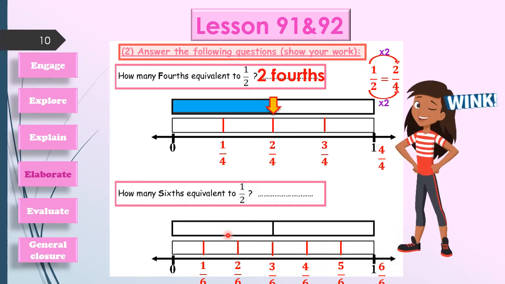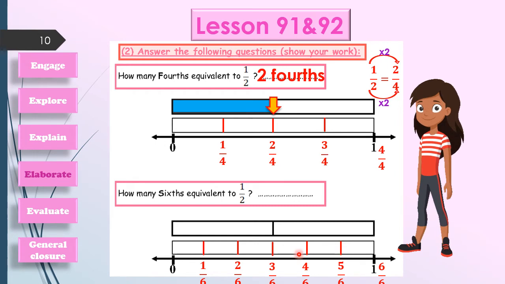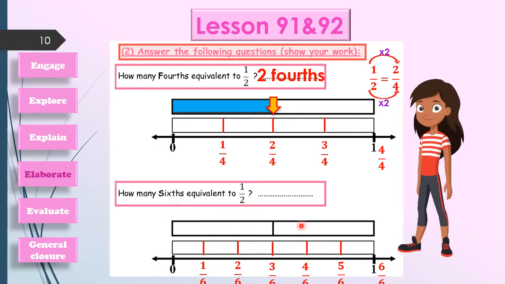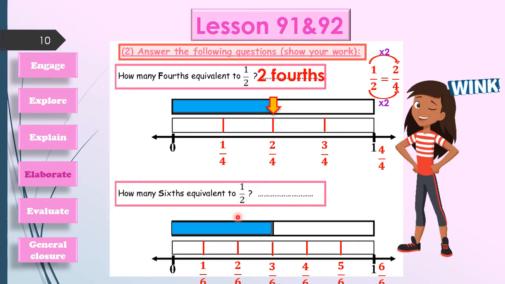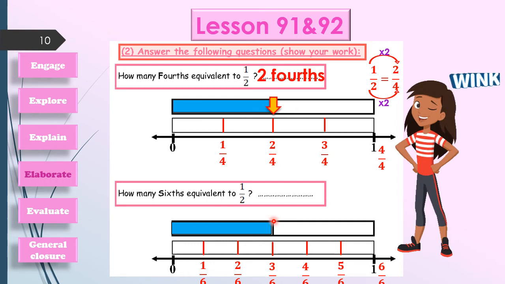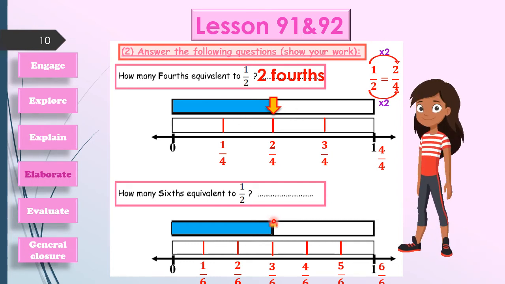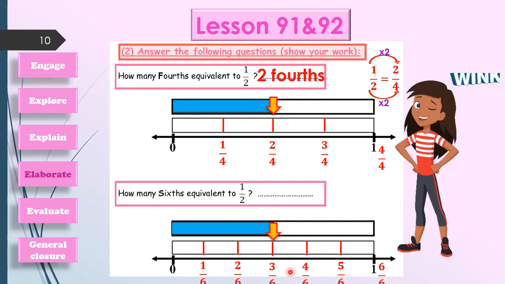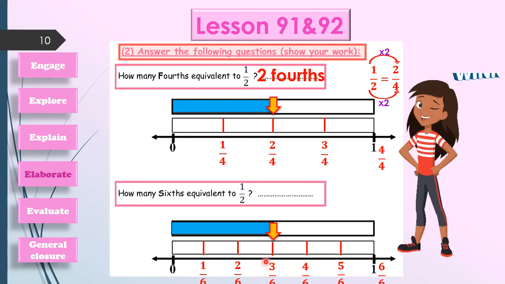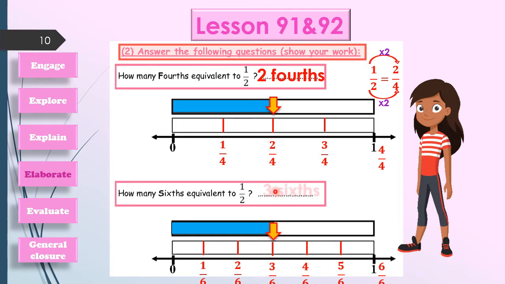Now, after finishing drawing and naming, I will color my fraction strip, which is divided into 2 equal parts, like this, and show which part my arrow stopped at. Yes, my arrow is pointing to 3 sixths. Then half is equivalent to 3 sixths, and I will write down here 3 sixths.